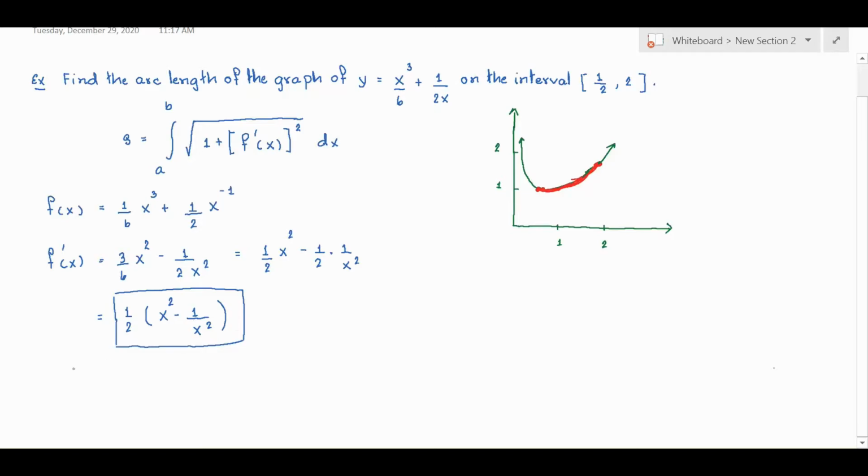Now we're going to substitute in the formula to find the arc length.